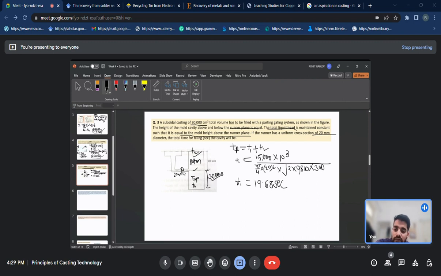So this is for the filling of the top gating system. Can anyone calculate for this bottom gating system? This is the same as the previous two problems. I think you should be able to solve this now.